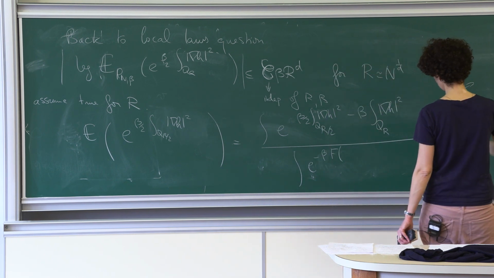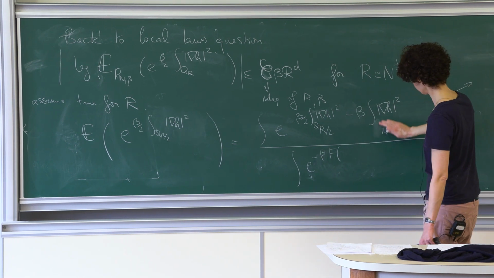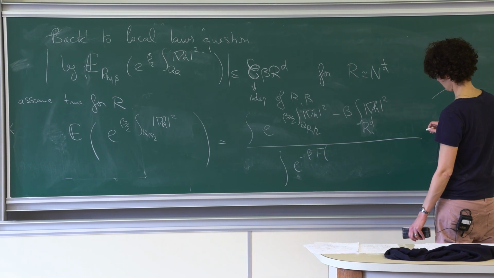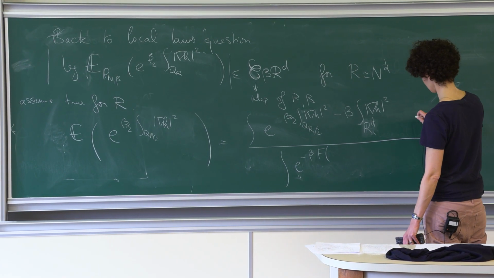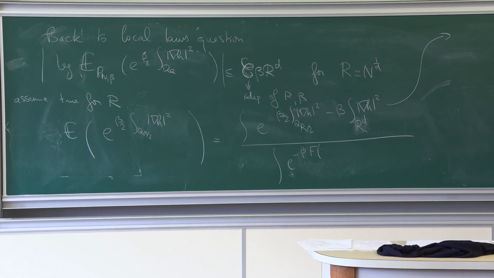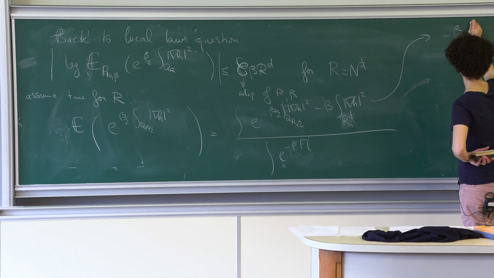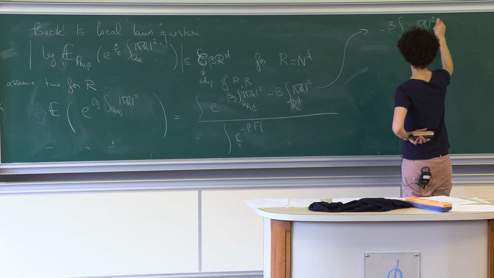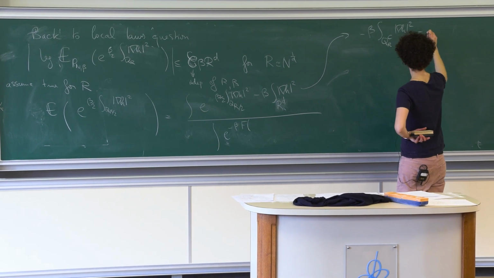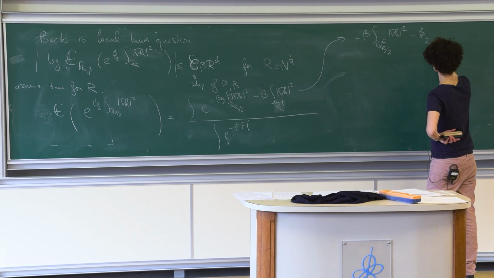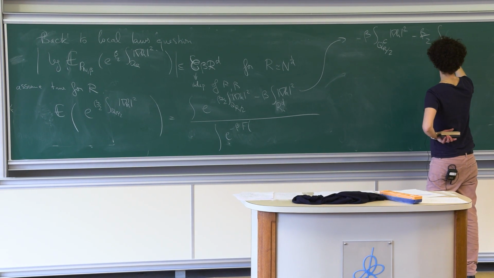So when you integrate it in this, what is left? Okay, so this thing in the numerator is minus beta integral in QR complement, and in QR over 2 complement, and in QR over 2, it's minus beta over 2.